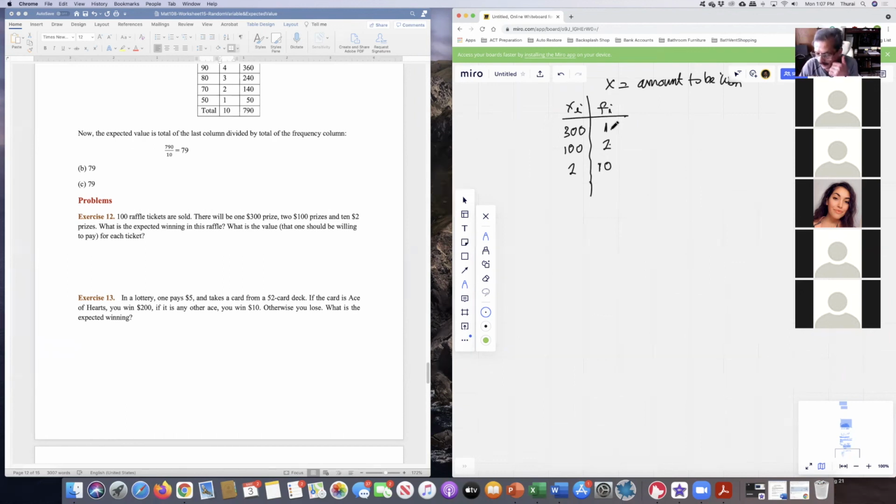What is the winning for the remaining tickets? Would it be 100 subtracted by 13? 100 minus 13 is the frequency, yes. So 87. 87 frequency with what winning amount? What do I write here? 100?